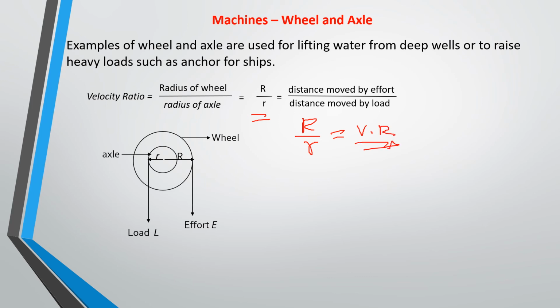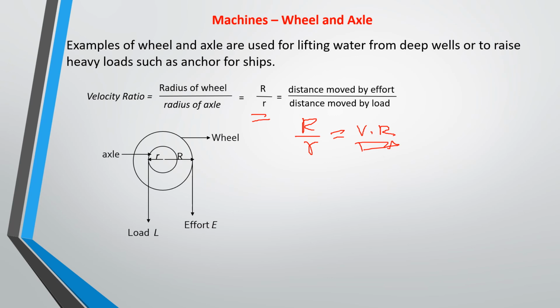Okay, so why is that? The distance moved by the effort is the circumference. So the distance moved by the effort through the big circle, or the distance moved by the effort through the small circle. The small circle is the radius of the axle, which is the load. Then the radius of the wheel is the effort.